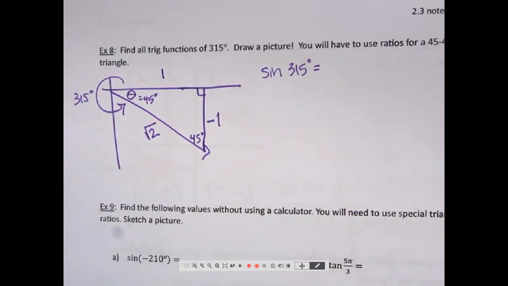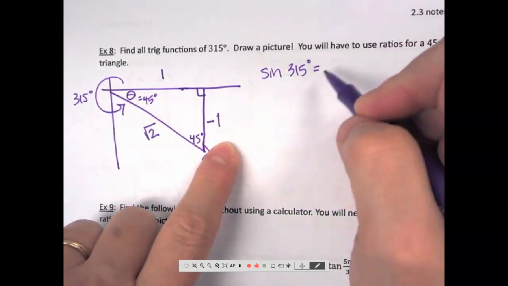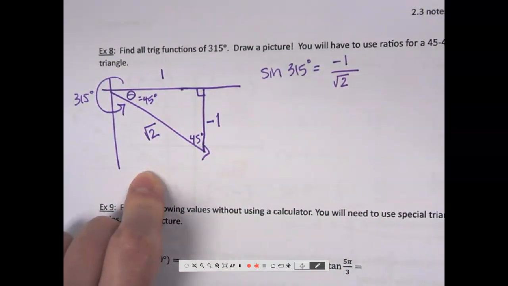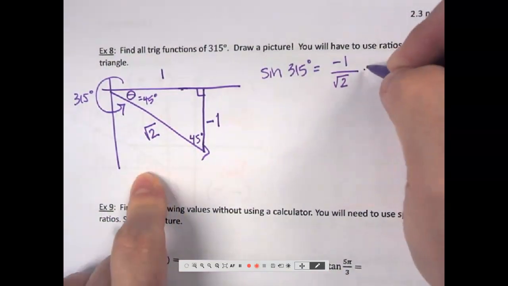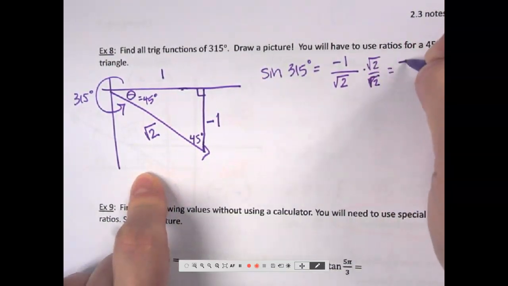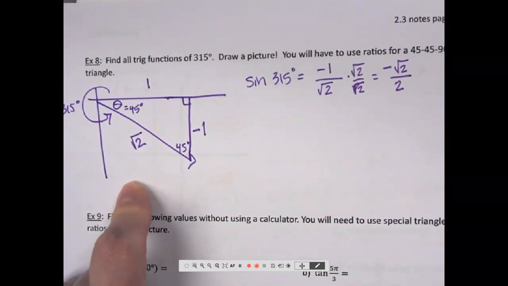Okay, so sine is what over what? Yes, ma'am. Opposite over hypotenuse. Negative 1 over square root of 2. But if we rationalize that, we get negative square root of 2 over square root of 4, which is just 2.